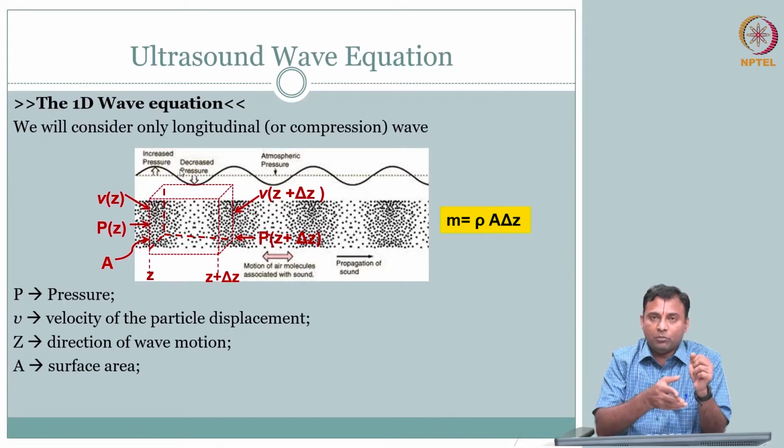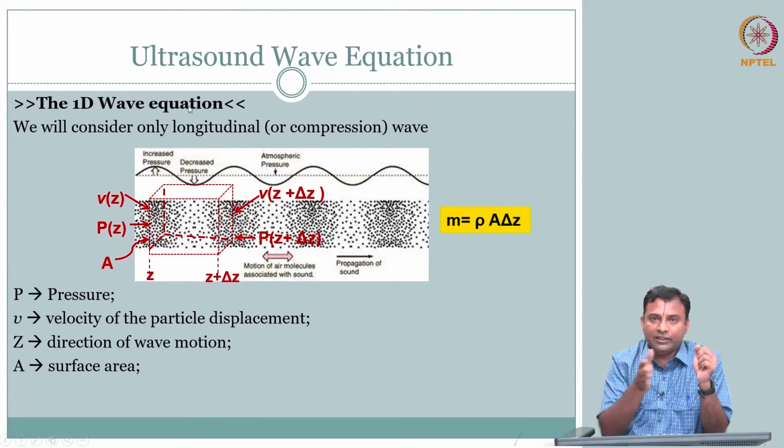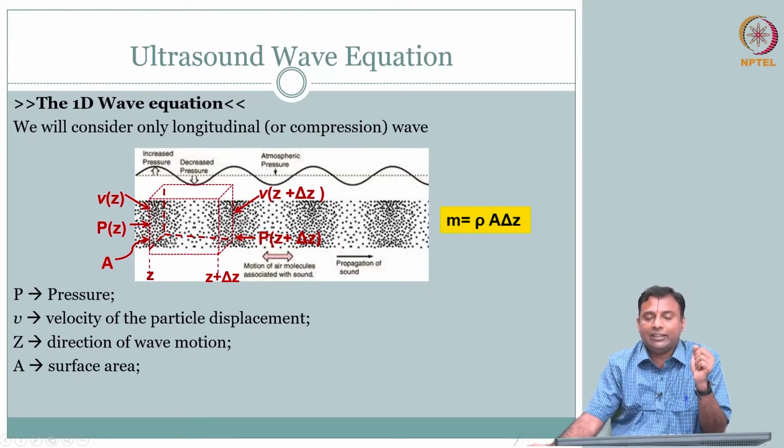The waves that we talked about, in 3 dimensions x, y, z, the pressure is changing. We will talk about a particular plane where it is all the same pressure. It is changing only in one direction. So we will talk about the 1D wave equation, that is, the wave is traveling only in one direction. In this case, the z direction.